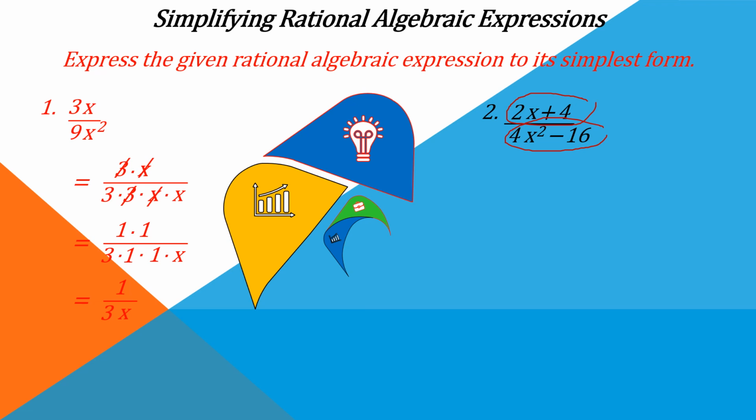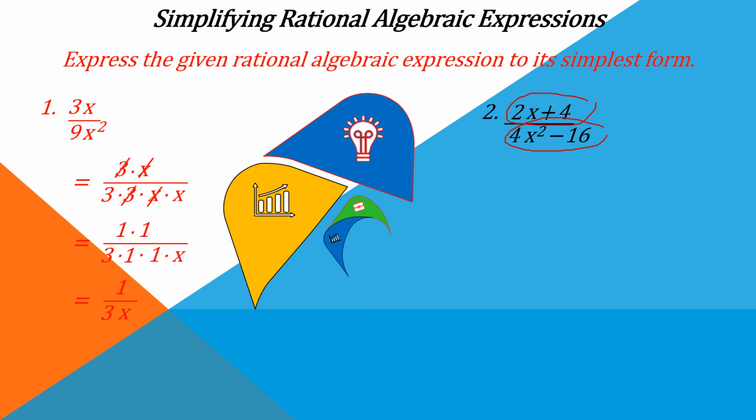2x plus 4 over 4x squared minus 16. If we analyze this example, the denominator, 4x squared minus 16, is a difference of two perfect squares.